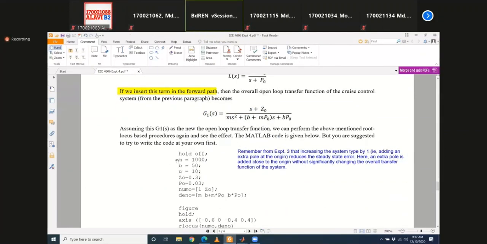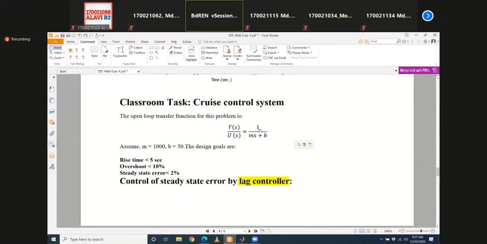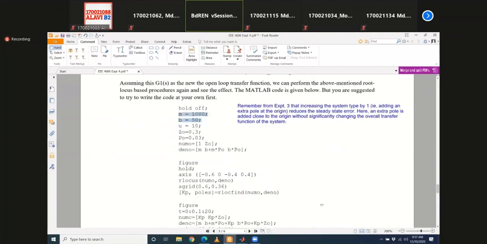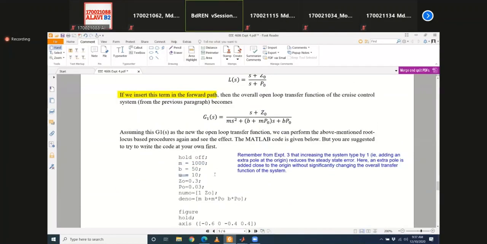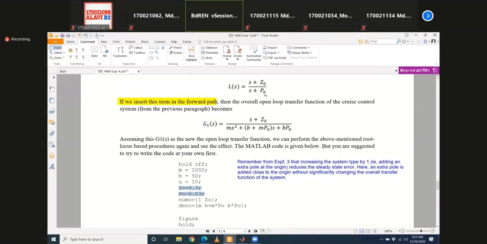Let's select the values of m equal to 1000, b equal to 50 for this open loop transfer function. U equal to 10, we'll come to this one later. Okay, z naught and p naught. Again, as I mentioned, for a lag controller, z naught should be greater than p naught.